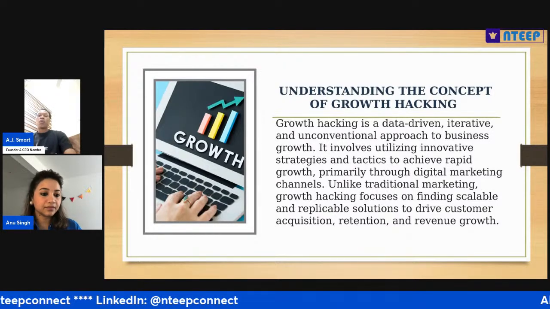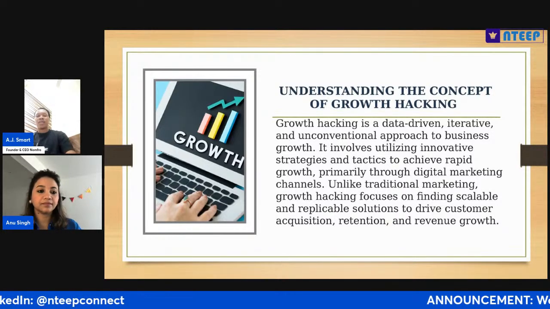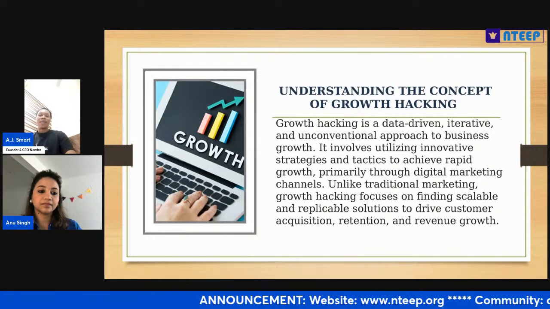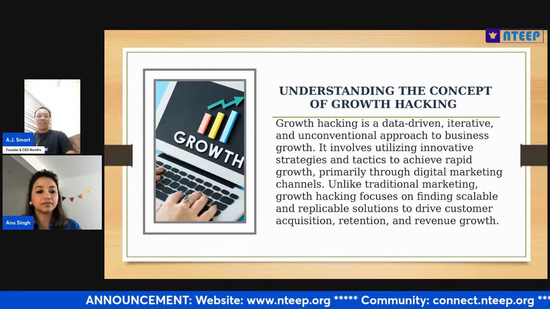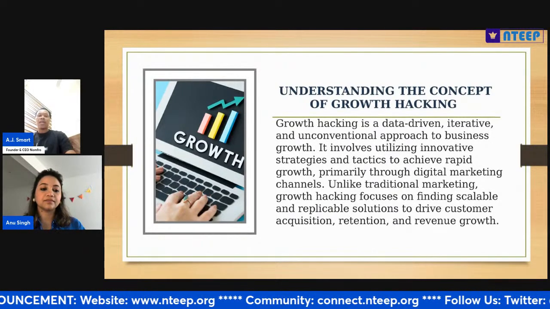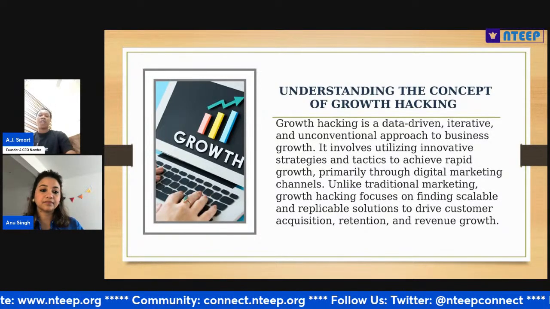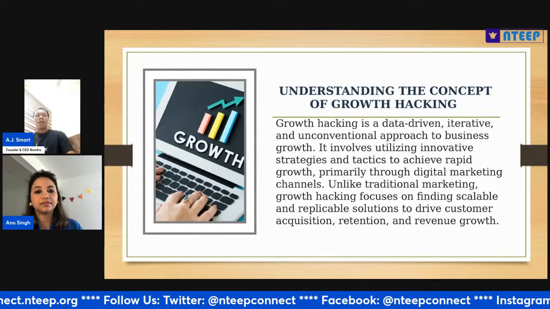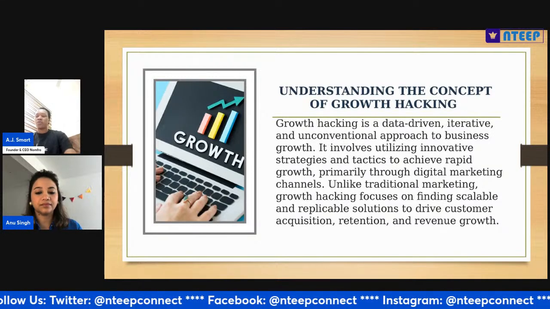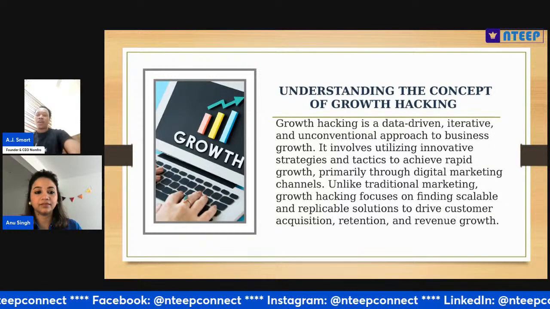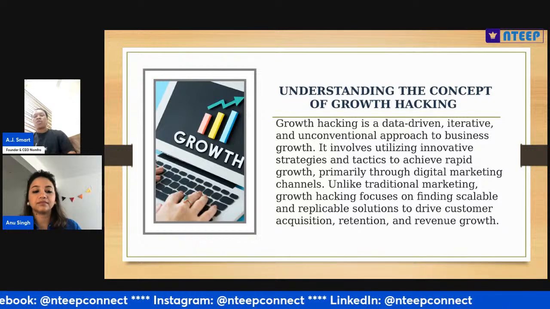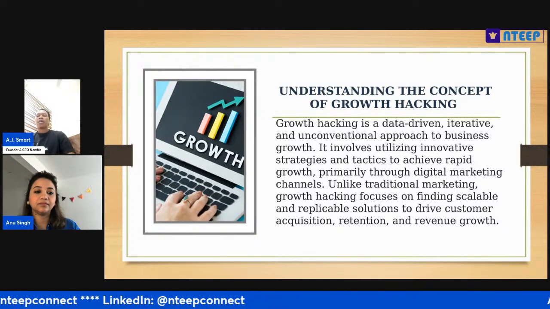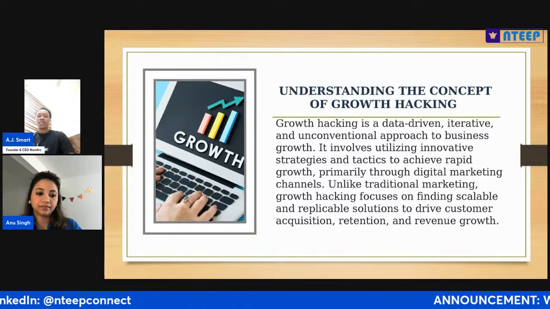So at the end of the day, you are not able to measure from which channel you made sales, how many people each channel reached, or which service was sold through which channel. To understand this concept, it is simply leveraging technology to grow your business. It's as simple as that.